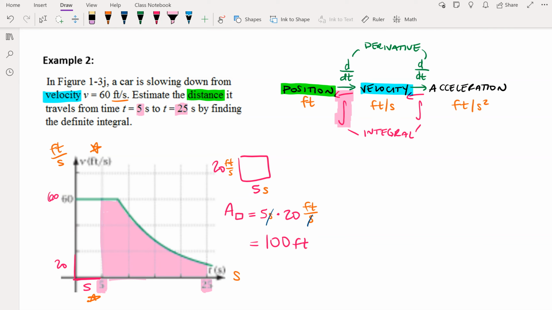Okay, here we go. So we have 1, 2. I'm going to say this is 3. So we have the integral from 5 to 25 of the velocity function, v of t, with respect to time, is approximately 3 squares plus, let's call these 1.5.